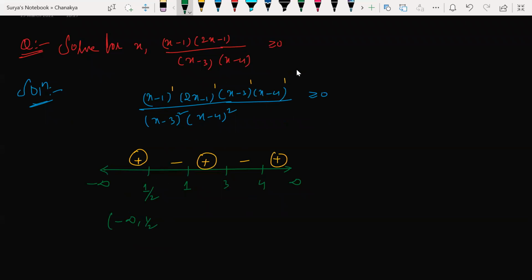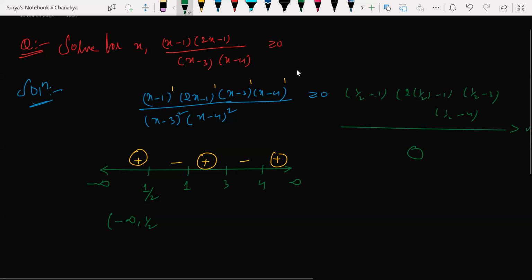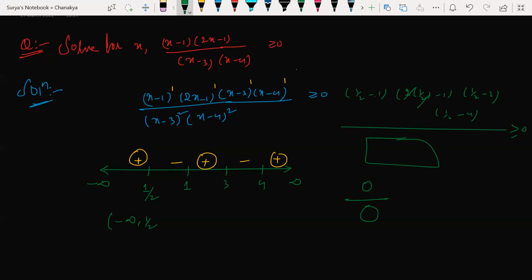Look at this here. If you substitute 1 by 2 here, what happens? 2 into 1 by 2 minus 1, divided by 1 by 2 minus 3 into 1 by 2 minus 4, which is divided by something, is greater than or equal to 0. Divided by something could be anything here. The 2 will get cancelled, so the numerator part becomes 0. Numerator 0 divided by something is always 0.